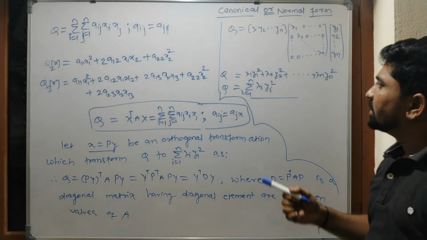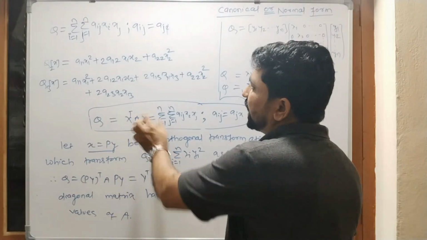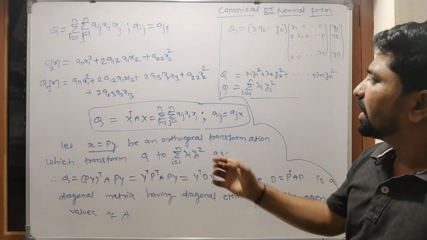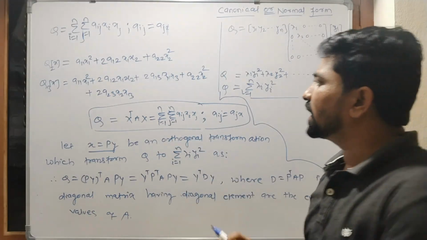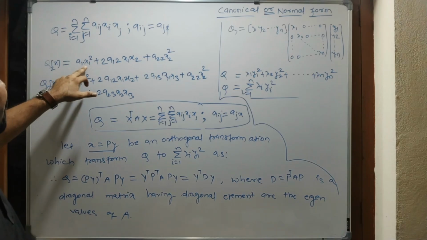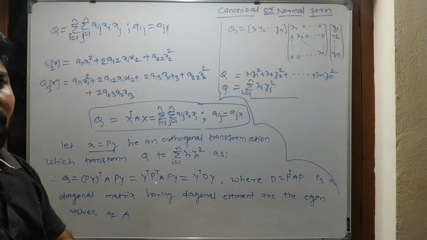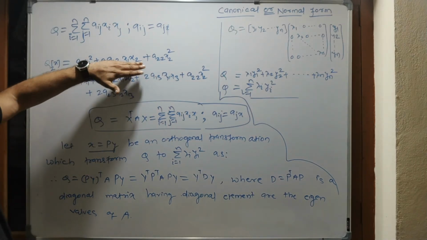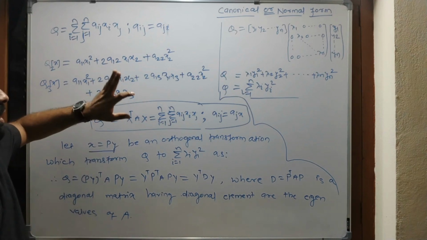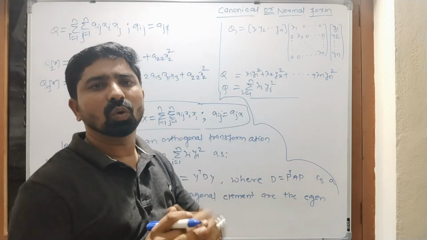Now here I am saying this is the quadratic form. In your quadratic form, Q equal to X transpose AX, cross terms are available. For example, this is the quadratic form in two variables: a11 x1 square plus 2 times a12 x1 x2 plus a22 x2 square. But here in this quadratic form, the cross terms, that is the 1 2 position and 2 1 position, are available. But in your normal form, the cross positions are 0.